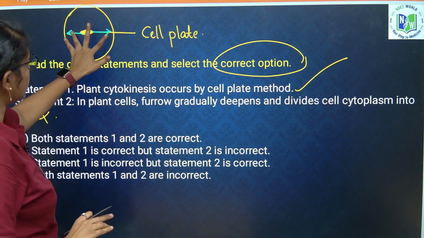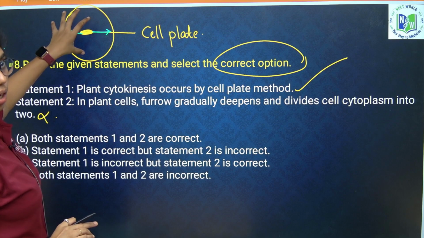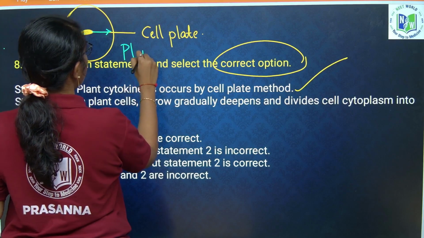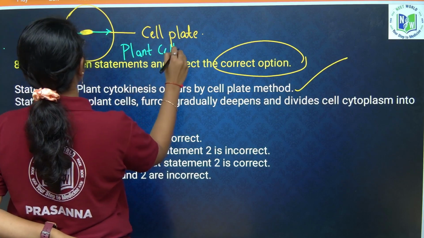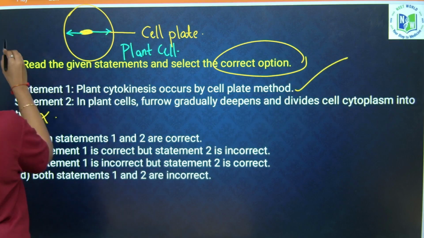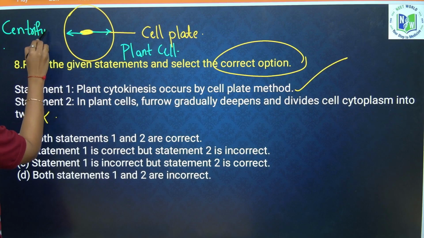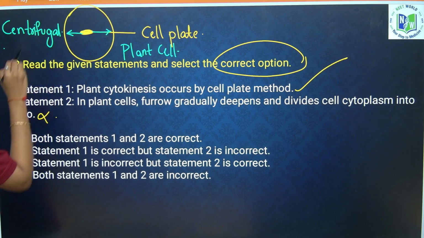This carries out cytokinesis in plant cells. Such type of division is centrifugal.